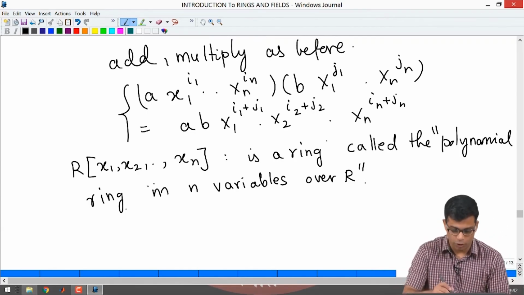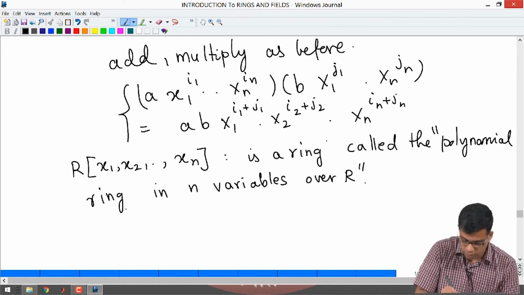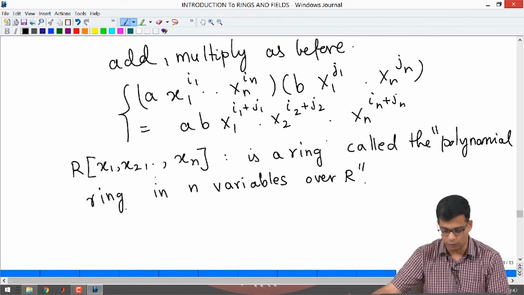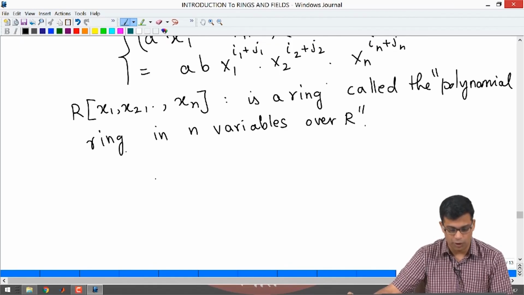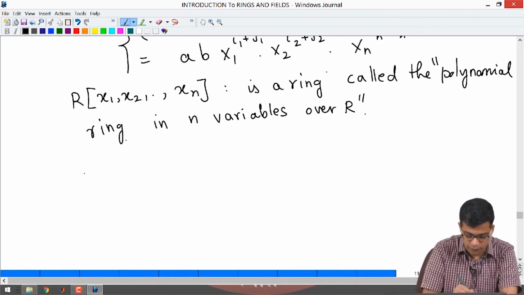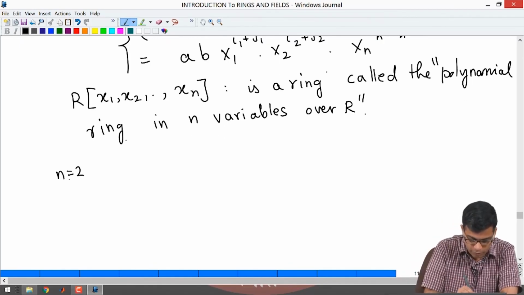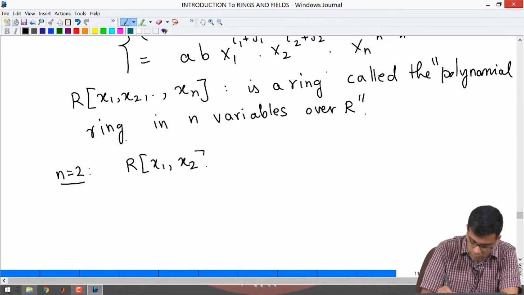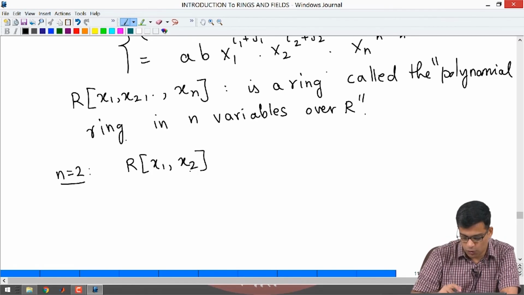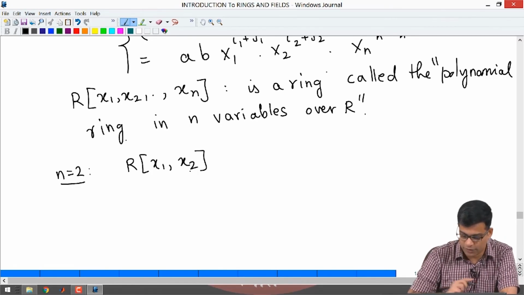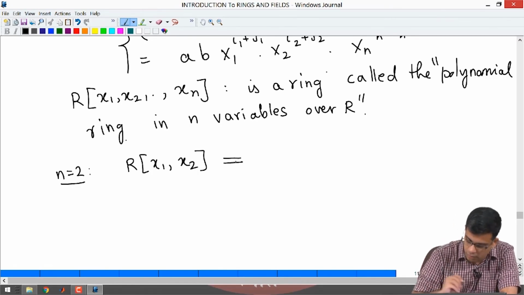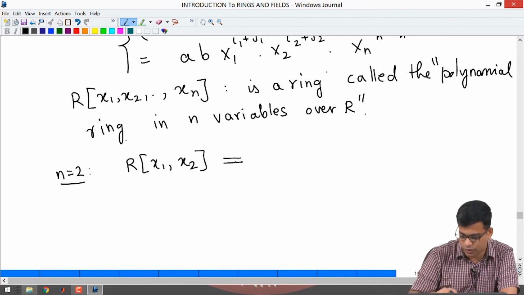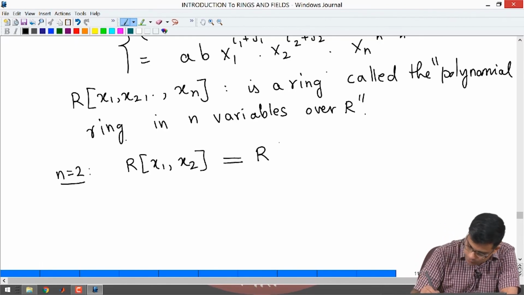Earlier we talked about the one variable polynomial ring. Now we have a polynomial ring in n variables over R, and one easy way to think of this, for example, let us say the two variable polynomial ring I want to consider, R[x1, x2]. These are polynomials in x1 and x2 with coefficients in R. I want you to convince yourself that this is actually nothing but R adjoined x1 first.